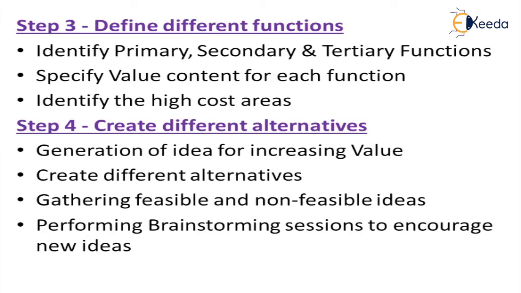Again, this is just a generation process. So go for brainstorming sessions to encourage new ideas. By the way, we can get a lot of ideas from the workers. Each and every worker or stakeholder inside the industry plays a role in the value analysis process. But in the case of value engineering, it's only the design team.